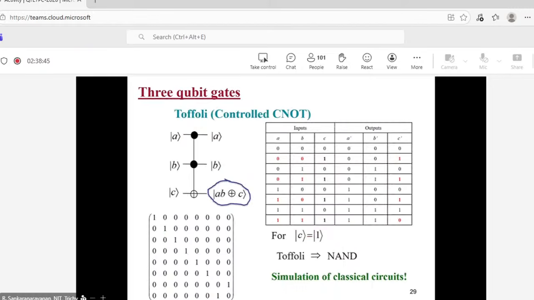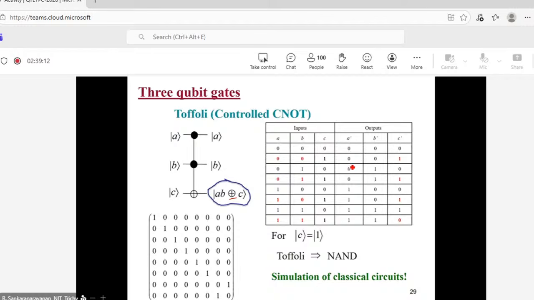And here we develop this idea further to a 3-qubit gate. So here the inputs are A, B, C. The outputs are A, B, and this is A into B plus C, where this plus is nothing but the summation with modulo 2 operation. Okay. So this is the truth table given over here. The inputs are A, B, C. The outputs are A prime, B prime, and C prime.